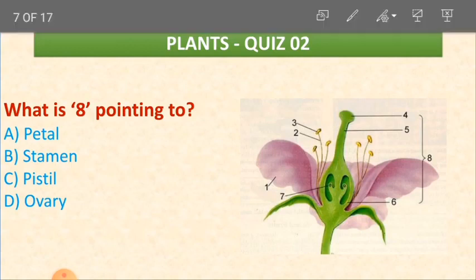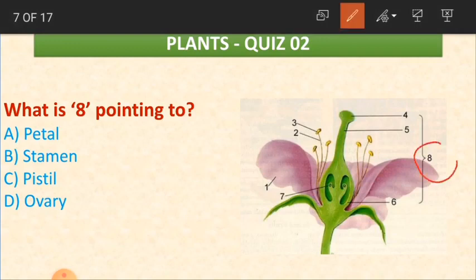So this 8 part, what do we call it? 3 combined, 4, 5 and 6. If you observe in the diagram, these 3 parts, 4, 5 and 6, combined are called, what did we say? Yes, this is pistil. The right answer is pistil.